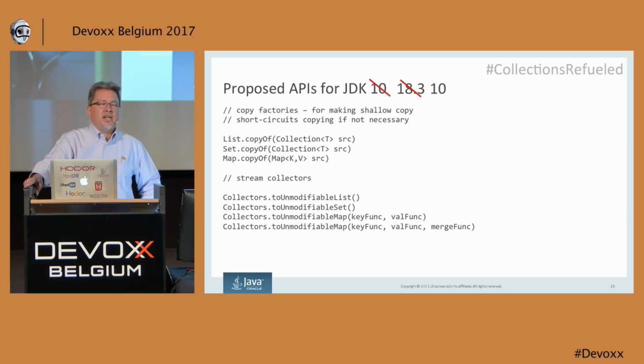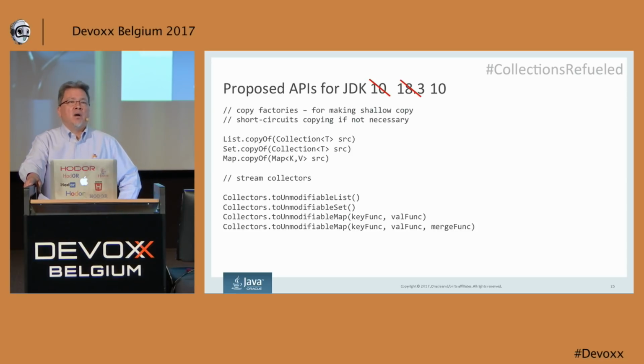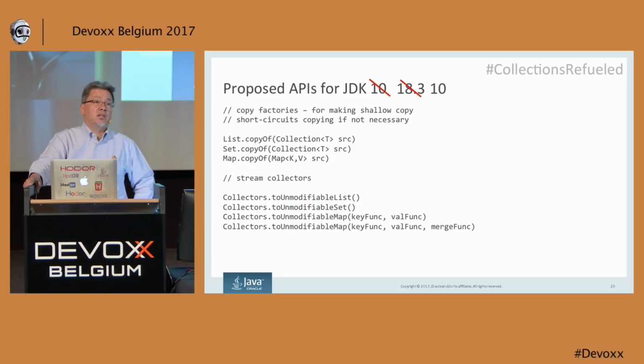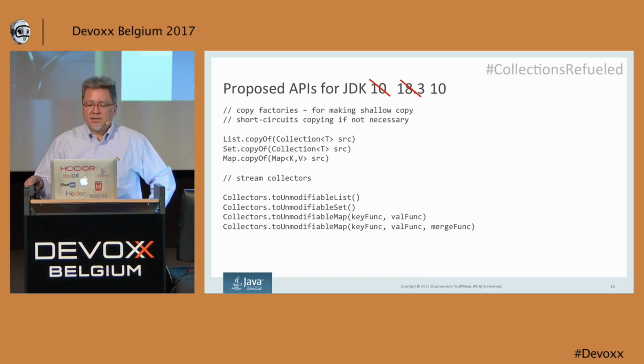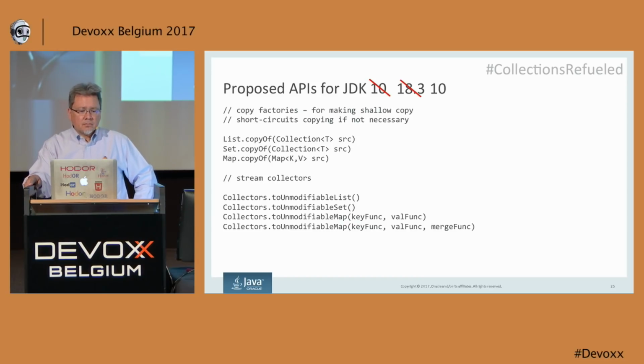What you might want to do is take the output of a stream and send the results into one of these new unmodifiable collection implementations. So we're proposing to add a set of collectors to the Streams API that will let you create instances of these new collections.